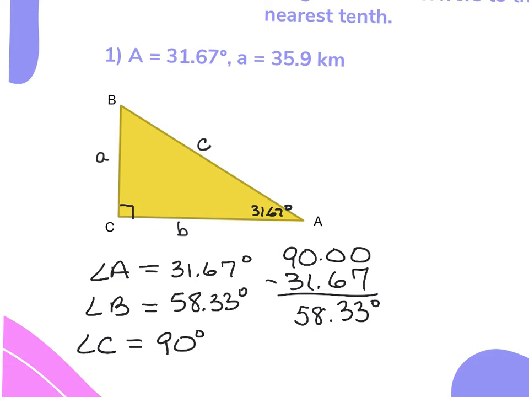I'm halfway done. Now I have to find the missing sides. When I'm done, I should have a measure for side a, side b, and side c. So far I have a, 35.9 kilometers. To find b and c now, this is where SOH CAH TOA comes into play.